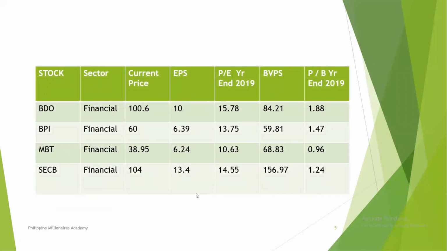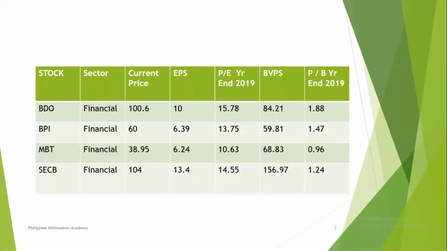So in our equation, PE ratio, this value here, is equal to the price divided by the earnings per share. Okay, before we go to that, saan natin kinuha itong mga values na to? Itong EPS, PE, BVPS, and PB.